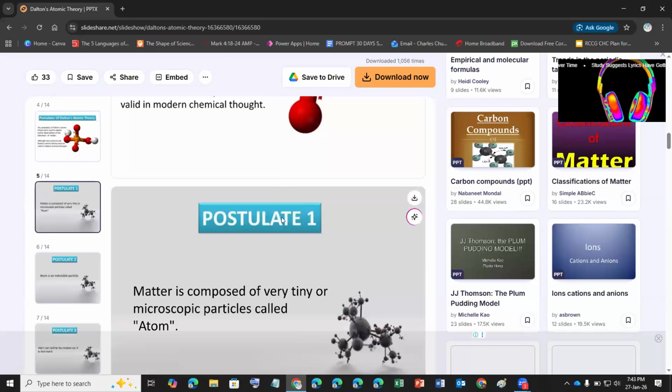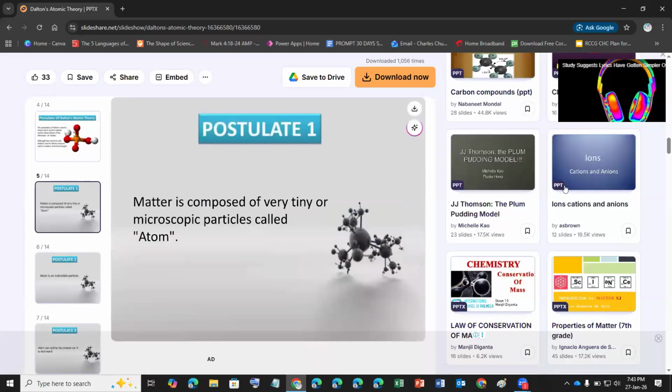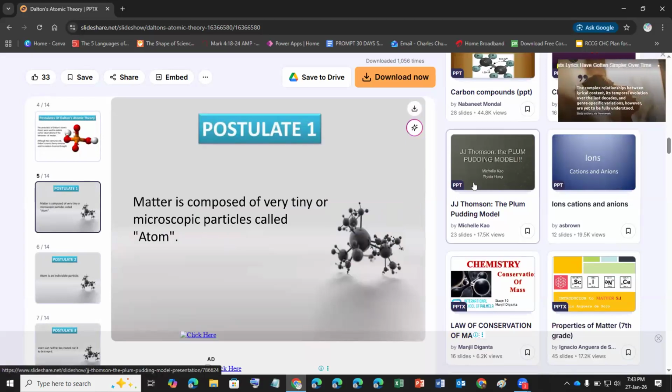Okay, so this was the first postulate, which concluded that atoms were the smallest. Matter is composed of very tiny or microscopic particles called atoms.